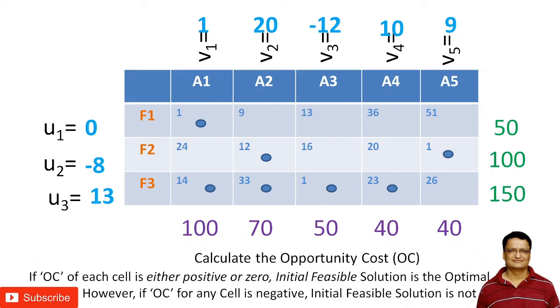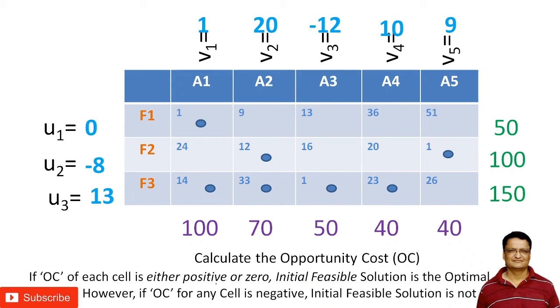So what we are going to do is calculate the opportunity cost, right? Is there any opportunity in allocating to this empty cell? All these are empty cells, which are not occupied. So I'm going to see if there is any opportunity where, if I transport something at this place, it will reduce the transportation cost.